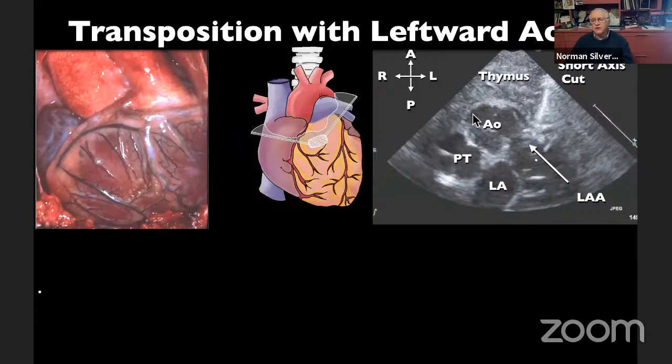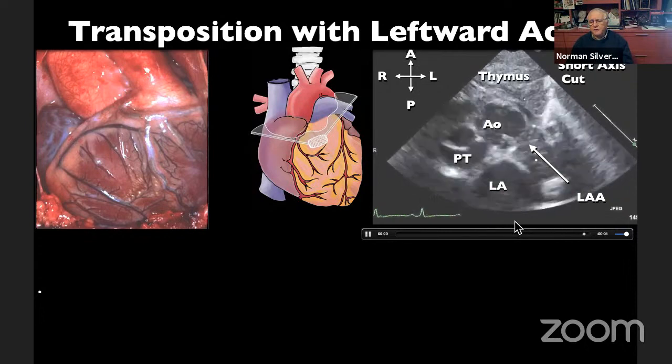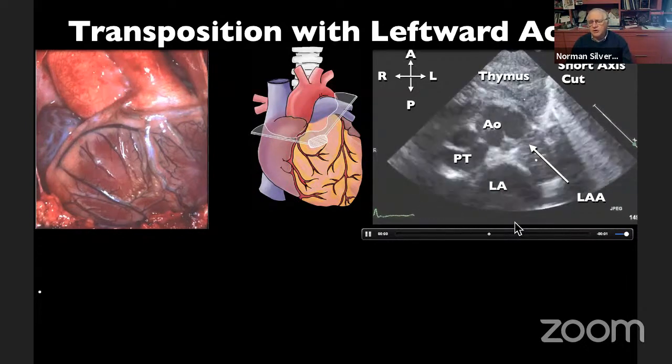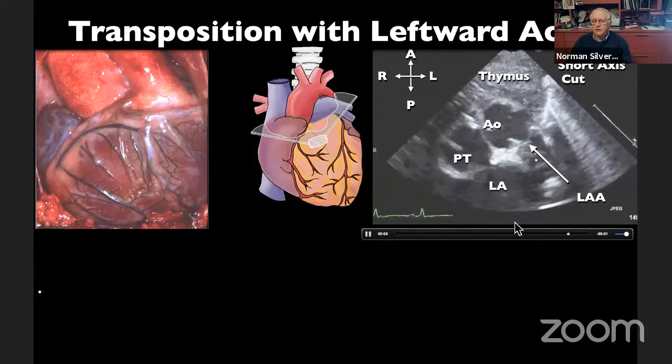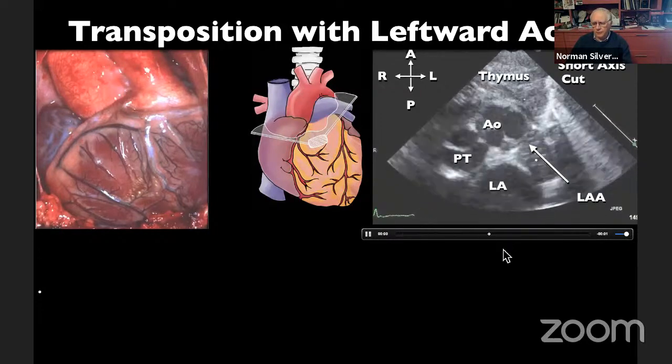And here you can see that there is an aorta which is left-sided and a pulmonary trunk which is right-sided, with the left atrium and left atrial appendage clearly identified. So this would not be, if you were using Van Praag terminology, transposition SDD, but transposition SDL.